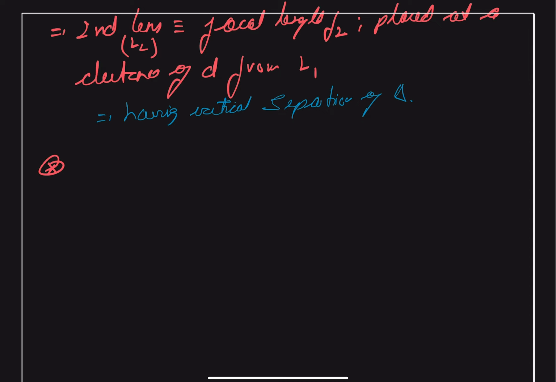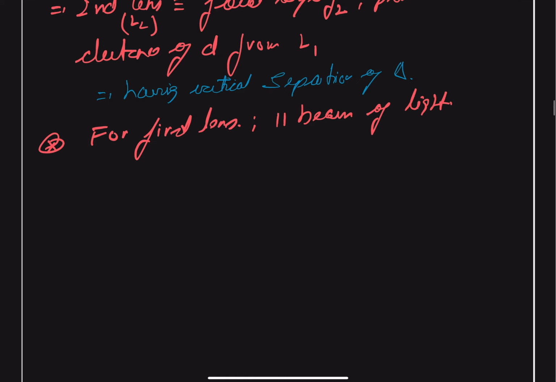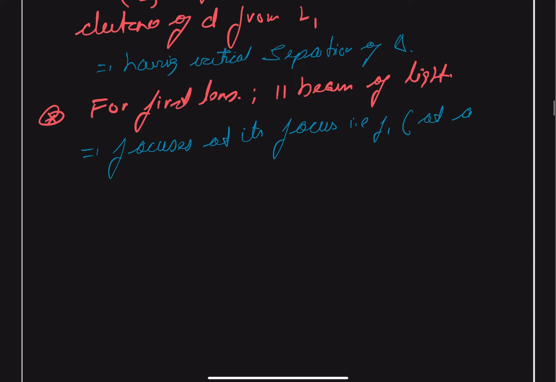So for the first lens, a parallel beam of light focuses at its focus, that is f1, at a distance of f1 from O.